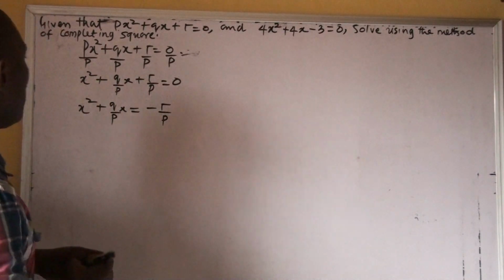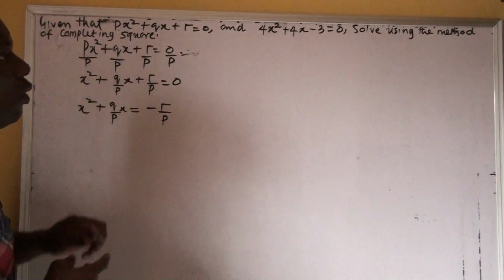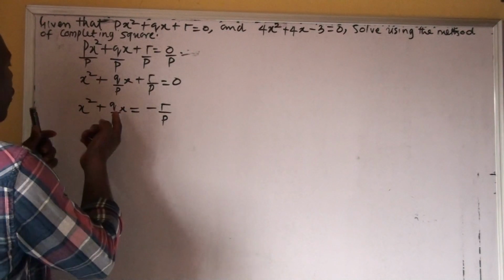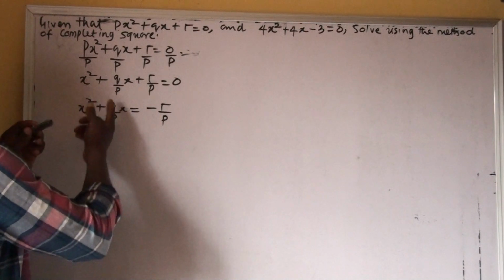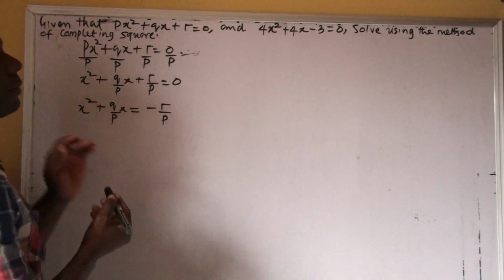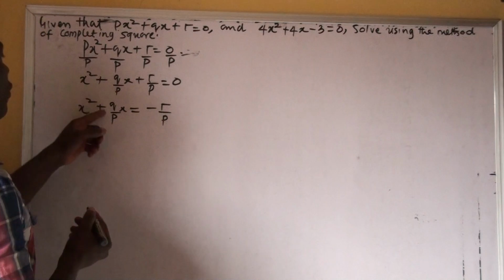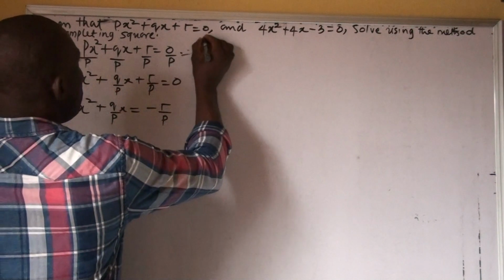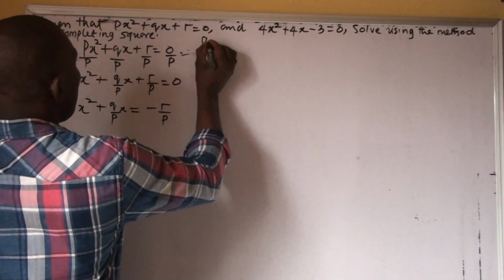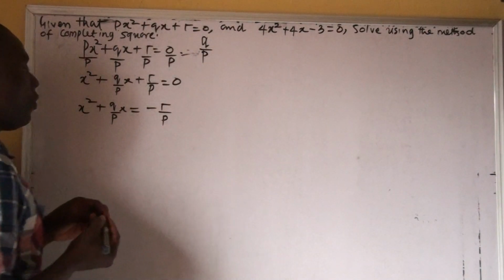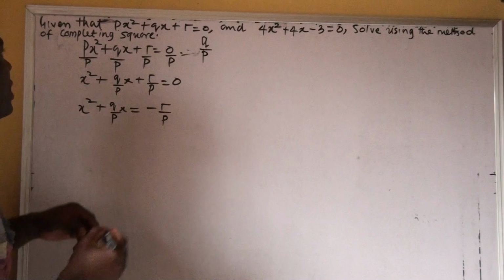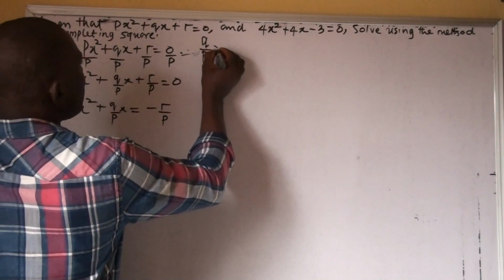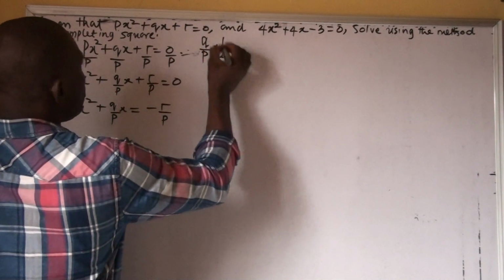Then the next step is that we look for the coefficient of x. That is the first thing you do. You have to look for the coefficient of x and find half of it. The coefficient of x here is q over p. What we are going to do is take half of it, times 1 over 2.